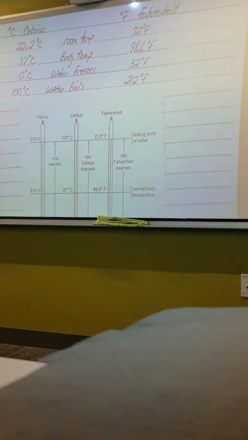All right, can you do this one for me? Convert 99 degrees Fahrenheit into degrees Celsius. Oh, correct. How about this next one? Convert 41 degrees C into degrees Fahrenheit.